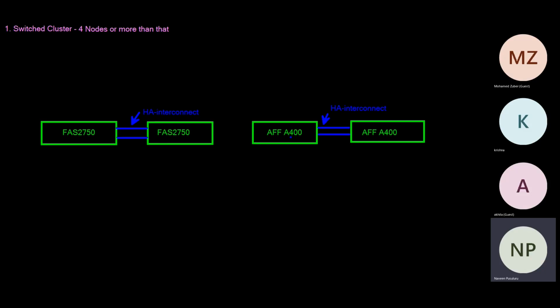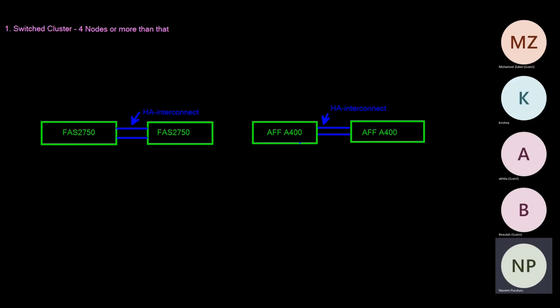In a group, everyone has to talk to everyone. Then only the communication between the nodes will be efficient. But here, only node 1 can talk to node 2 and node 2 can talk to node 1. If node 1 wants to talk to node 3 or node 4, that is not possible with this configuration.